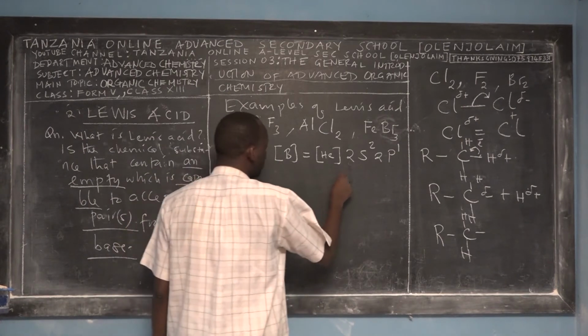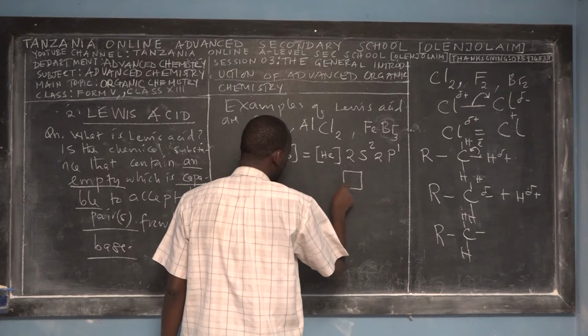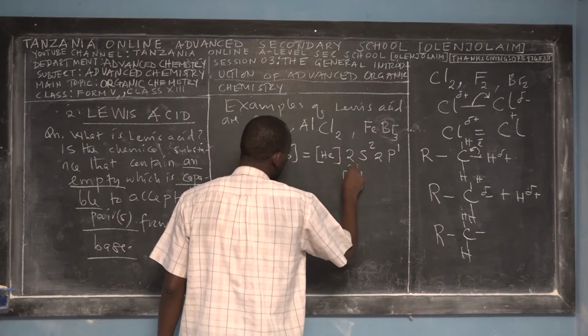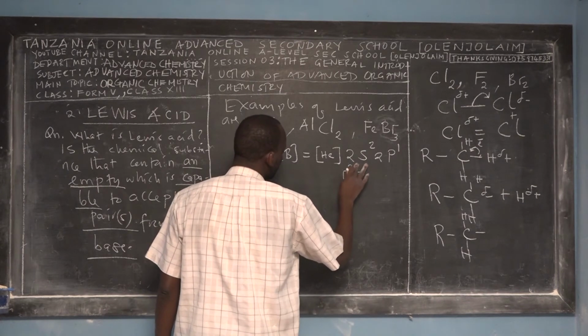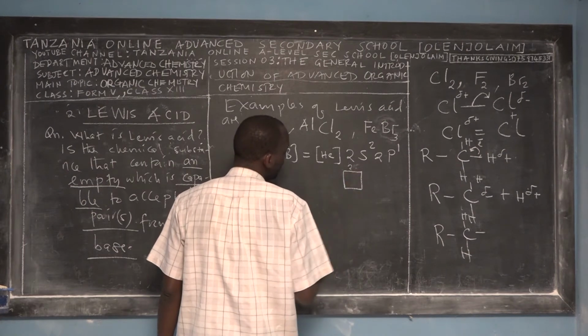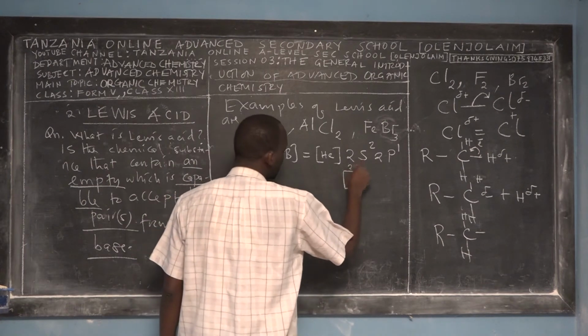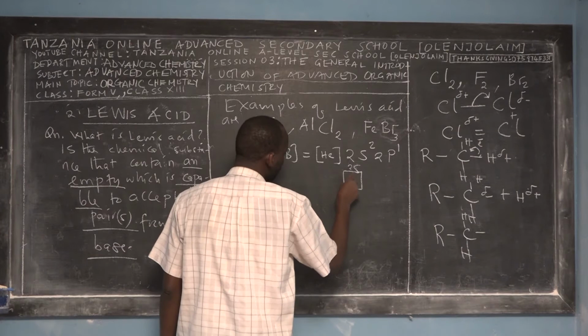If you draw the orbital structure, 2s is full with electrons.